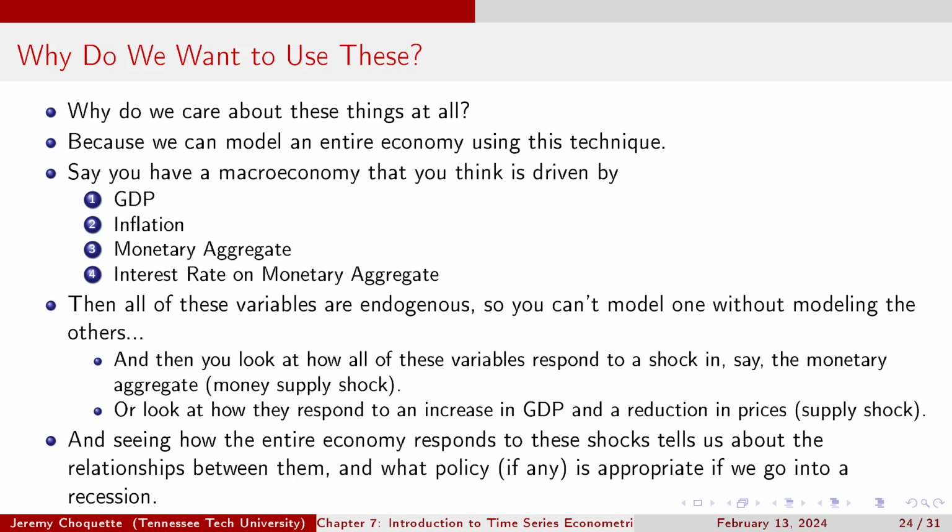And that'll give me an idea as to how the entire economy responds to these shocks based on the observed and estimated relationships between them. And then we can start to ask ourselves what policy, if really any, would be appropriate for the central bank to take in the event that, say, we go into another recession.